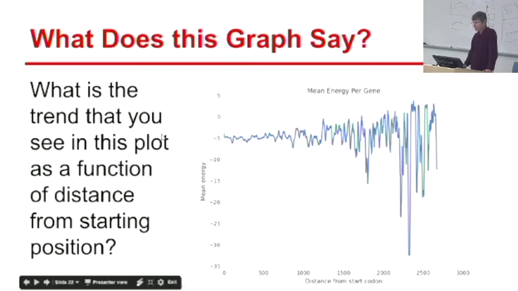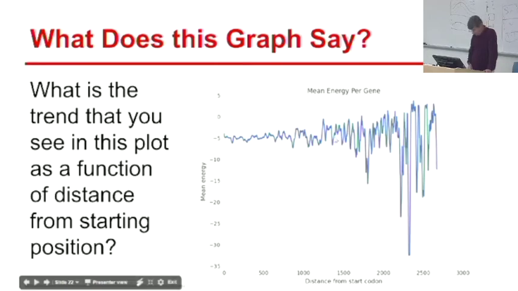Now, the student who was doing this said, look at this. The energy goes up as you go to the right side of a gene, right? Does everybody see these values are much bigger than they were before? And is that what you're supposed to see? No, because there are also huge gaps. There's huge variance.